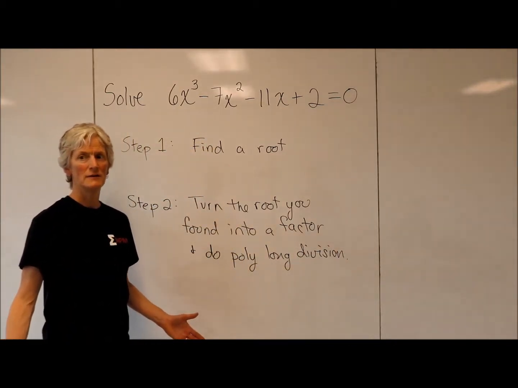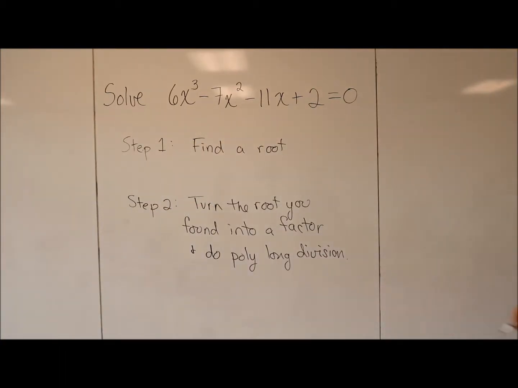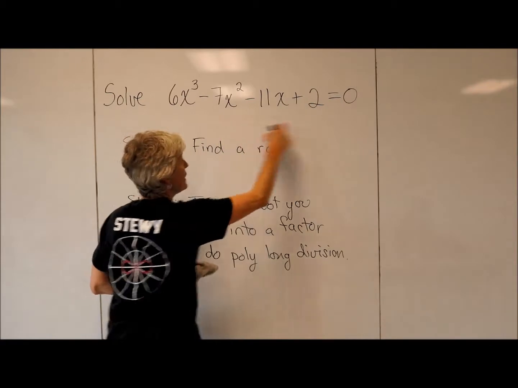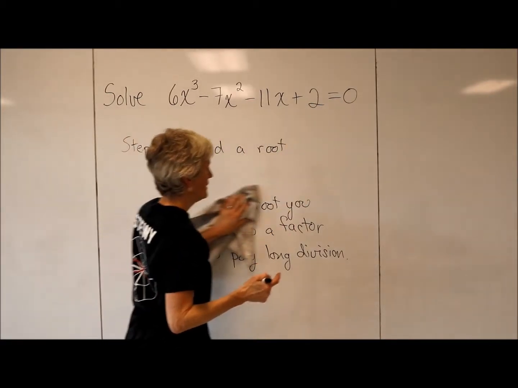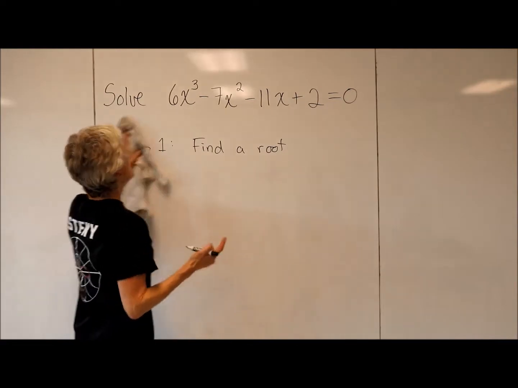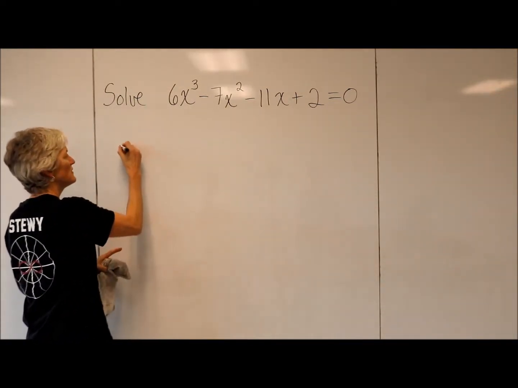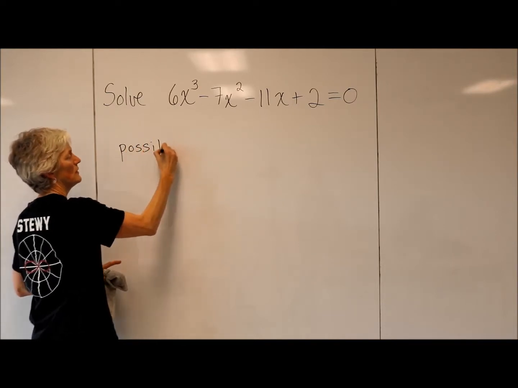How do we feel? Okay, so to find a root, I basically just want to plug in a whole bunch of x's and see what x produces a 0. Now you're thinking, oh my gosh, that's going to take me forever. But we can kind of hone in on some reasonable possible roots.